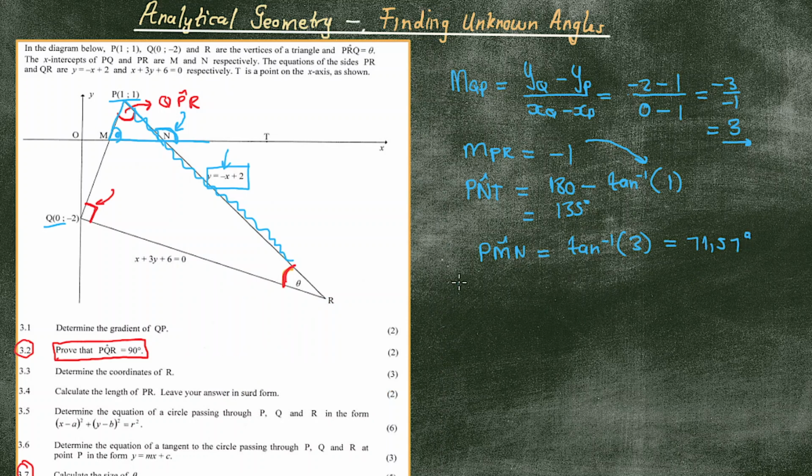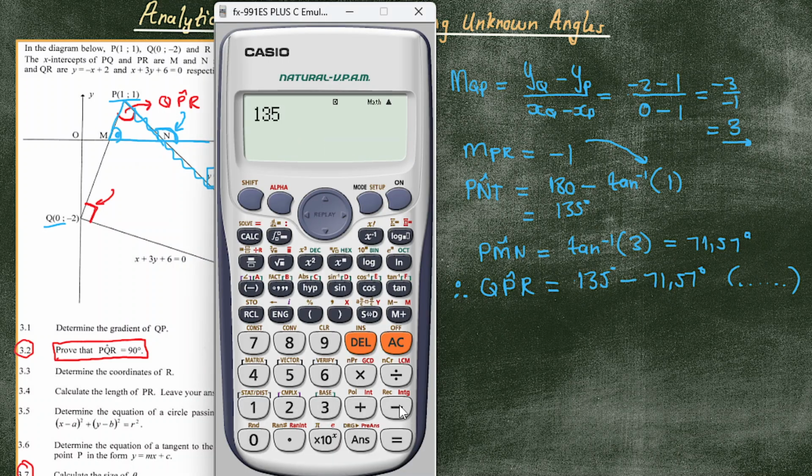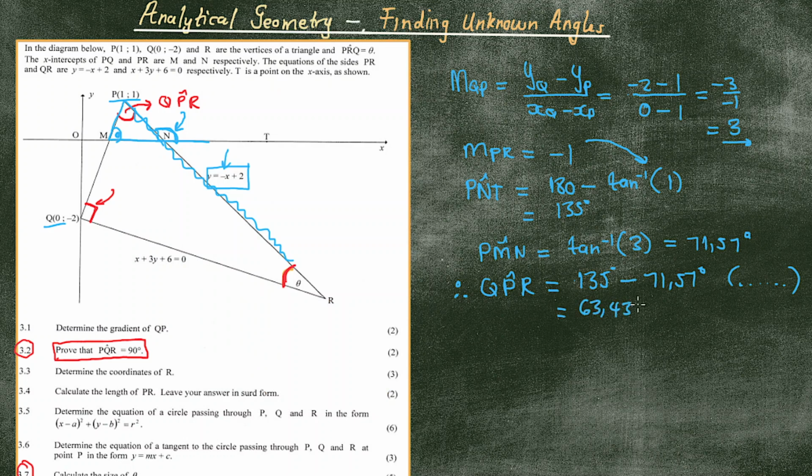Okay, therefore QPR is equal to the exterior angle, which is 135 minus 71.57. This is the exterior angle of a triangle, the reason why we are doing this. And then the answer here too, it's 135 minus 71.57, 63.43 degrees. Yeah, 63.43 degrees.